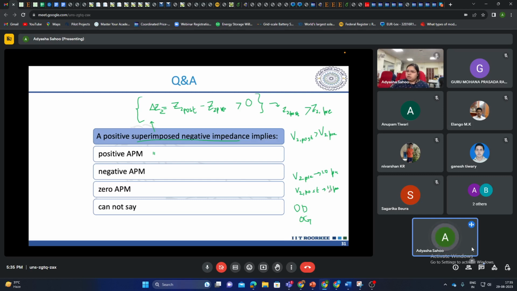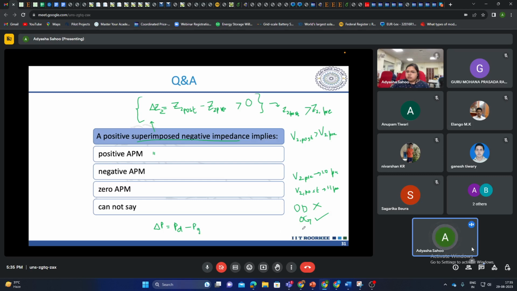What does it tell you about the system loading condition? V2 post is 1.1. I am supposing, I am not telling it is this value. I'm trying to explain this with the example. So this is over generation, because we are getting over voltages. This is not over demand. If you remember, delta P was PD minus PG.